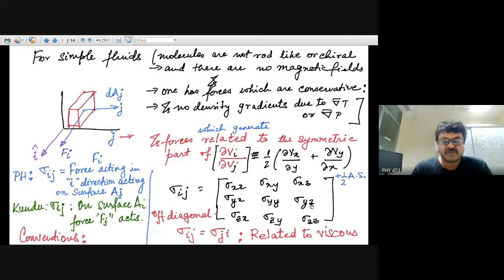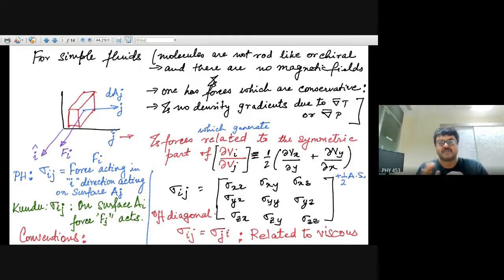Now typically, as we'll see, sigma ij is equal to sigma ji. So sigma xy will be equal to sigma yx, for simple cases, as long as the molecules are not rod-like or chiral, there are no magnetic fields, the molecules are not magnetic, and so on.